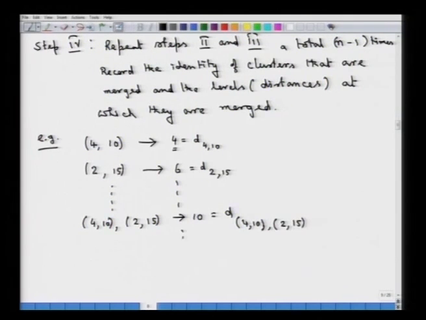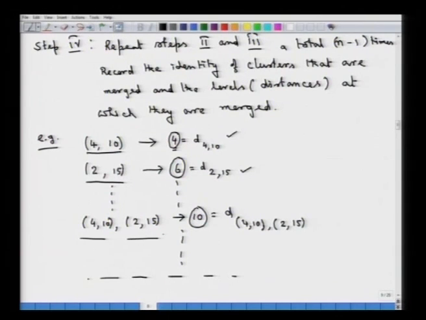So, this may continue till we reach the point that we only have one single cluster. Now, this information is to be recorded, the clusters that are merged and the levels at which they are merged.